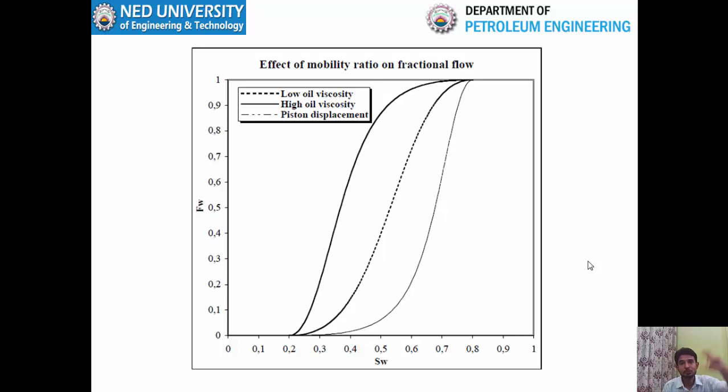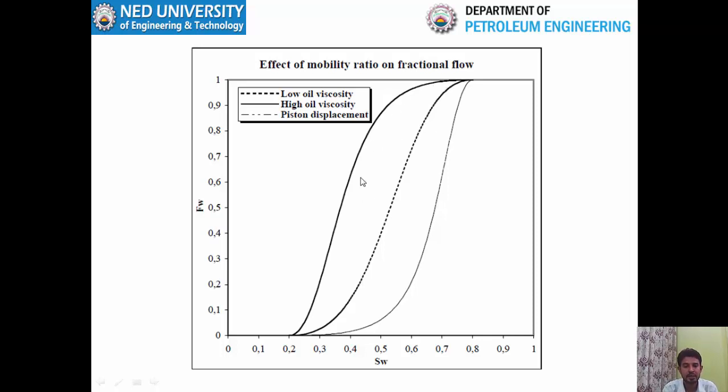For the assumed saturations we calculated the relative permeability through the correlation, then calculated the fractional flow of water, and plotted the fractional flow of water versus the saturation of water. And we have seen the use of this graph.